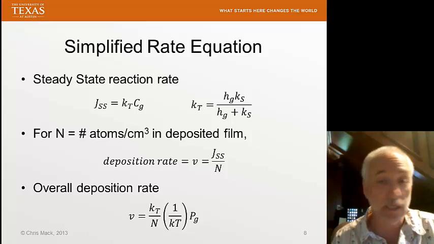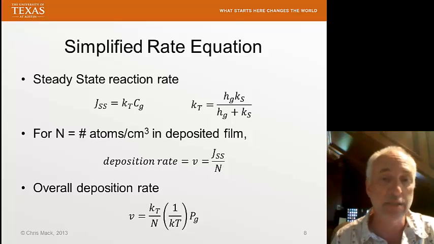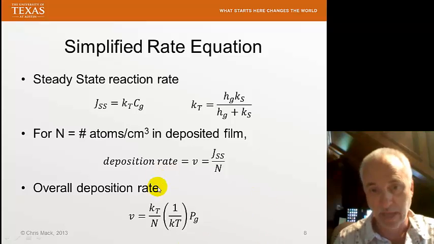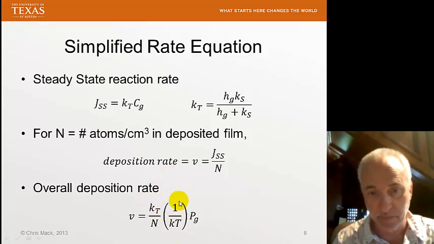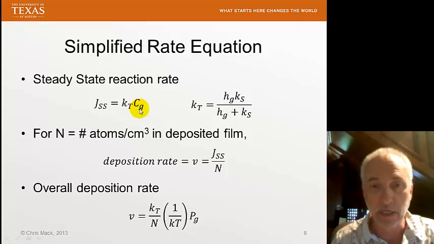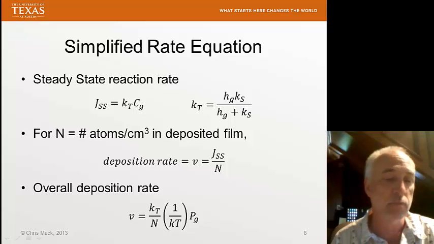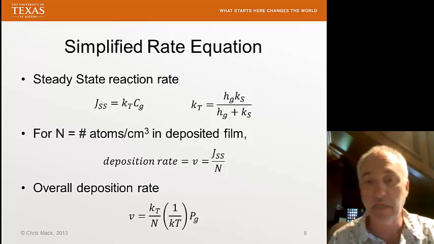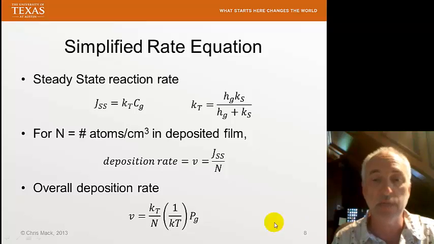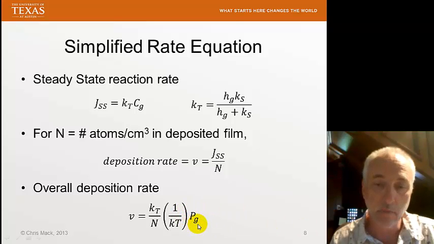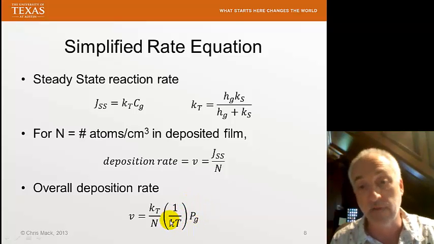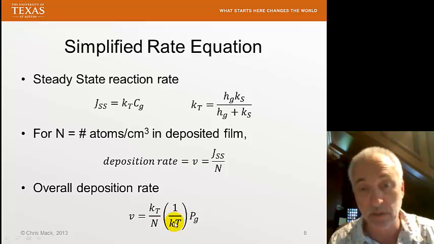Then we can combine these things to get an overall deposition rate. So we have our overall rate constant, k sub T, divided by N. We convert our concentration, C sub G, into a partial pressure in the gas, P sub G, and we'll just assume the ideal gas law applies, PV equals nRT, and we're left with P sub G, the partial pressure of the reactant in the gas phase, divided by kT, where k here is Boltzmann's constant.